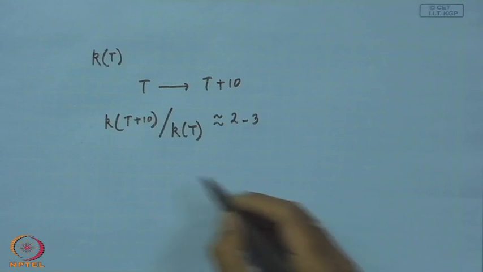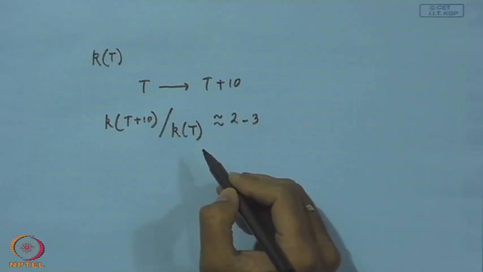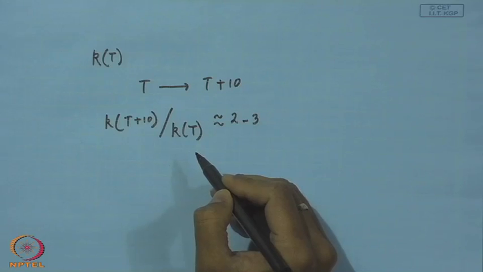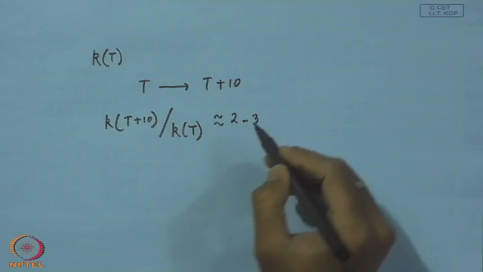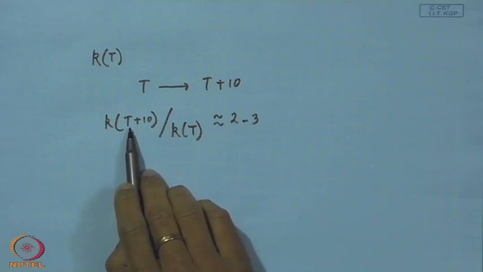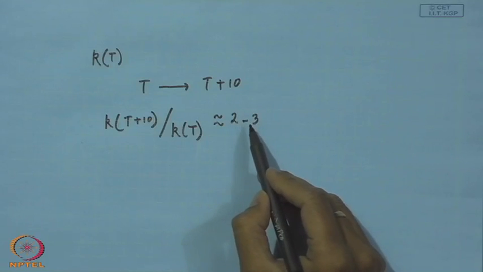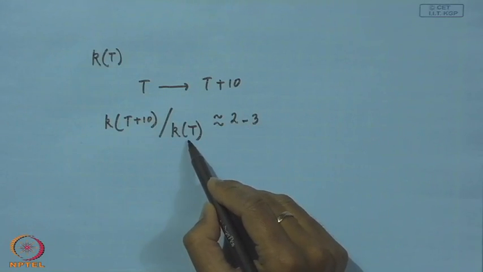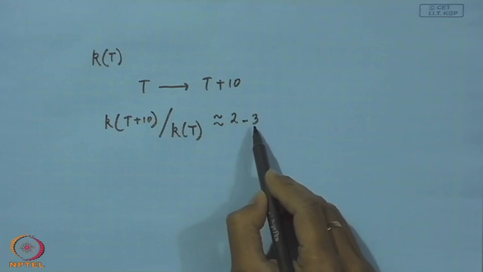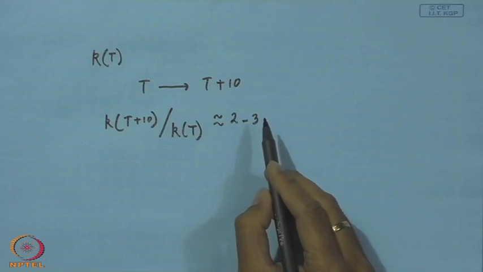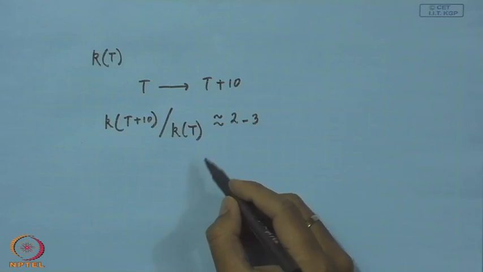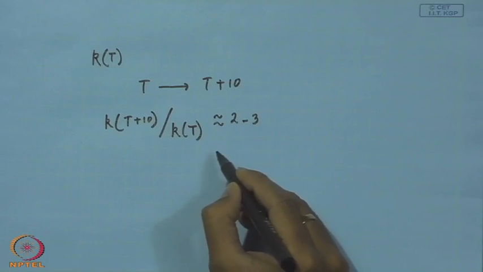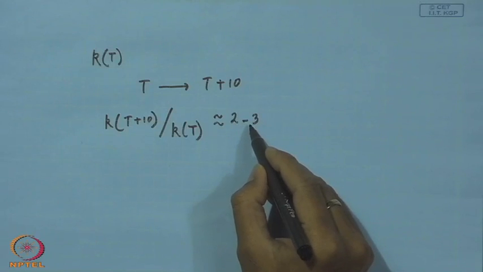So this rate constant is very much temperature dependent. As you move on to T plus 10, the value is 2 to 3 times what you obtained at T. It is an experience. In the same way, if you reduce the temperature by 10 degrees, it will be reduced by 2 to 3 times.